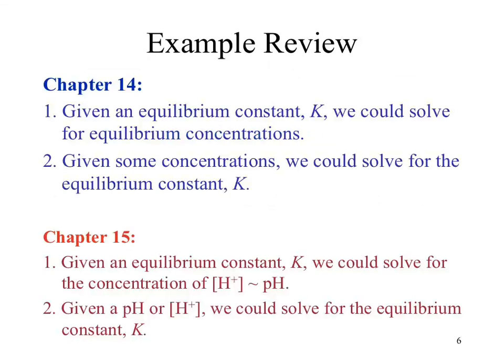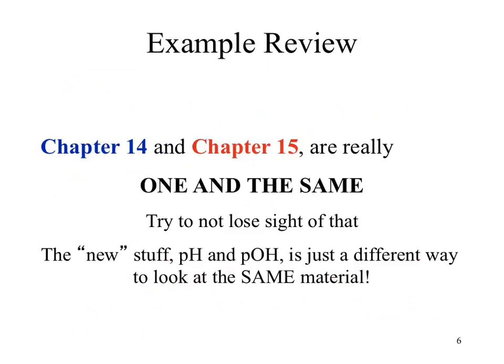So in chapter 15, given an equilibrium constant, we can solve for the concentration of H+. Well, that's the same thing as we did in chapter 14. The other thing we could do, given a concentration of H+, is solve for the equilibrium constant. All we've done is changed the terminology around, but we are doing the exact same types of calculations, the exact same manipulations.